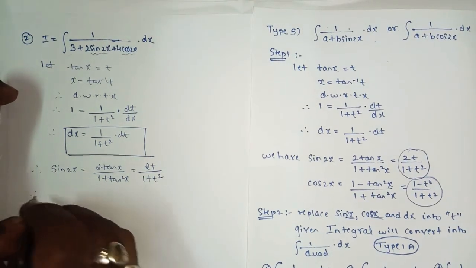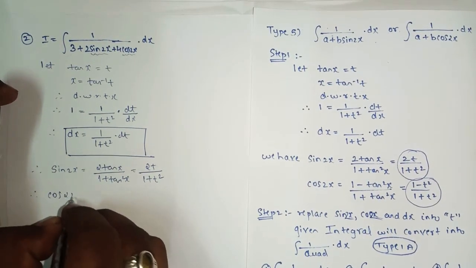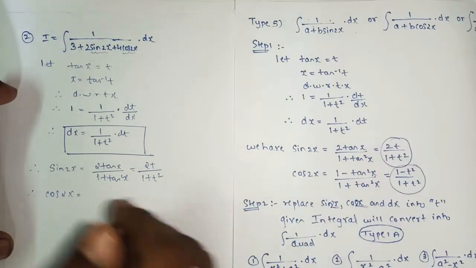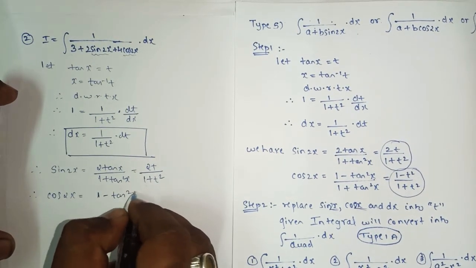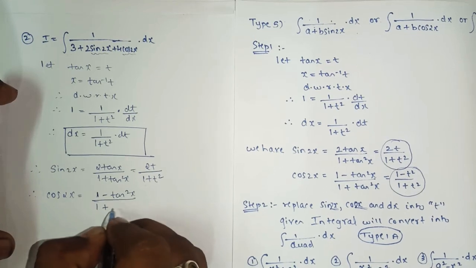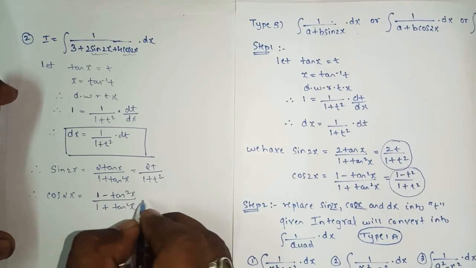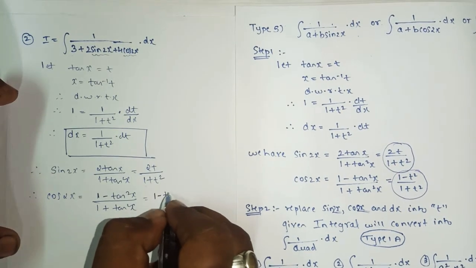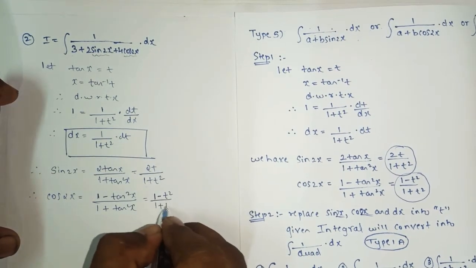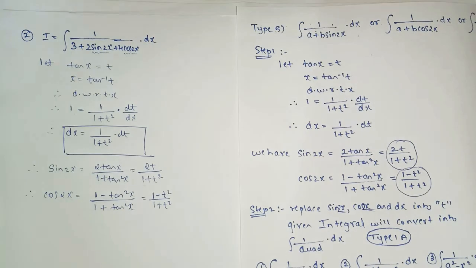Okay, and the cos 2x formula is 1 minus tan square x upon 1 plus tan square x. So here tan x is t, so this will be 1 minus t square upon 1 plus t square. I hope you all understood till here.